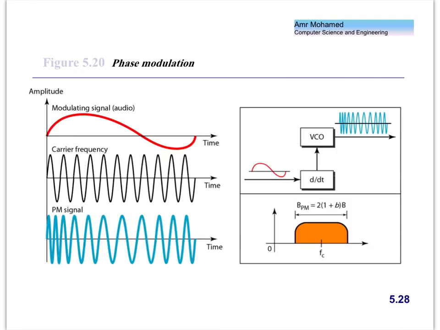So the last one, for phase modulation, this is the last slide. So for phase modulation, here we do the same thing, but if you look at the signal here, the phase of the composite signal, the phase, not the frequency, is proportional to the amplitude of the input signal.